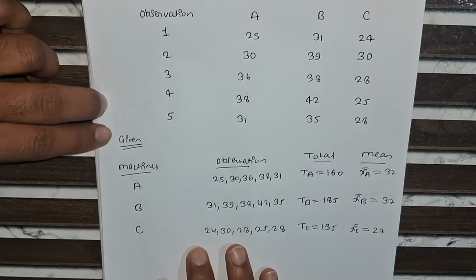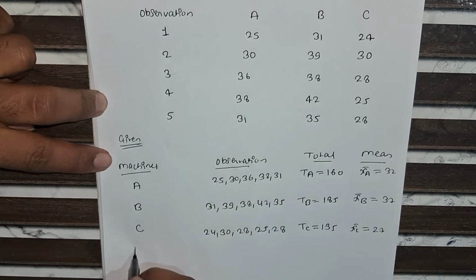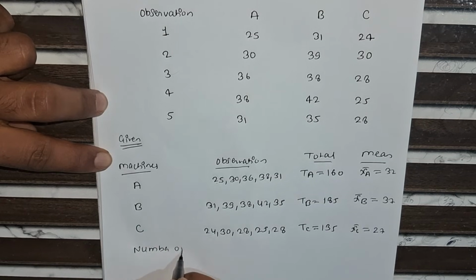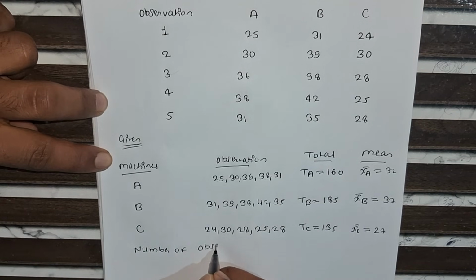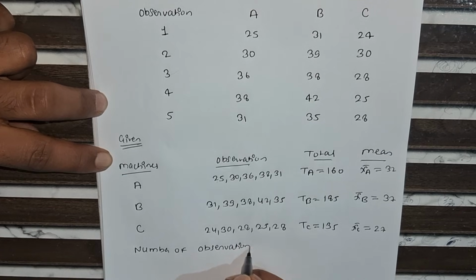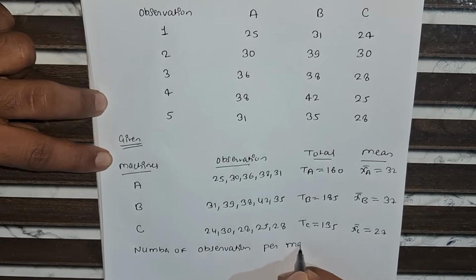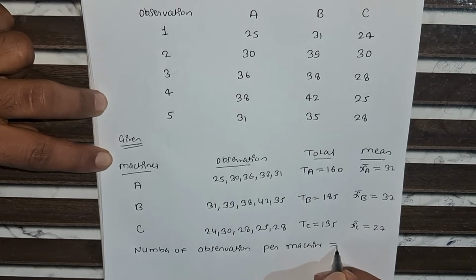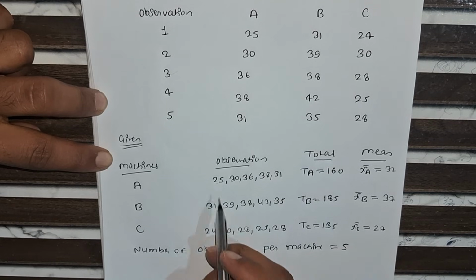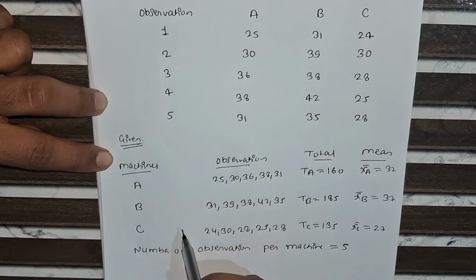So now what is the number of observations per machine? Number of observations per machine is equals to 5, means 1, 2, 3, 4, 5 for 3 machines.